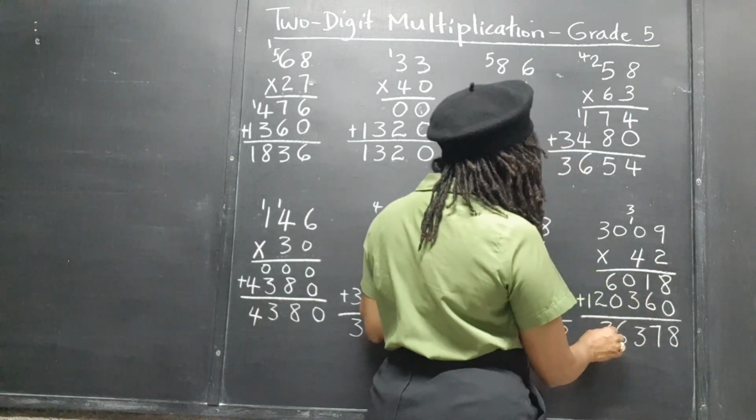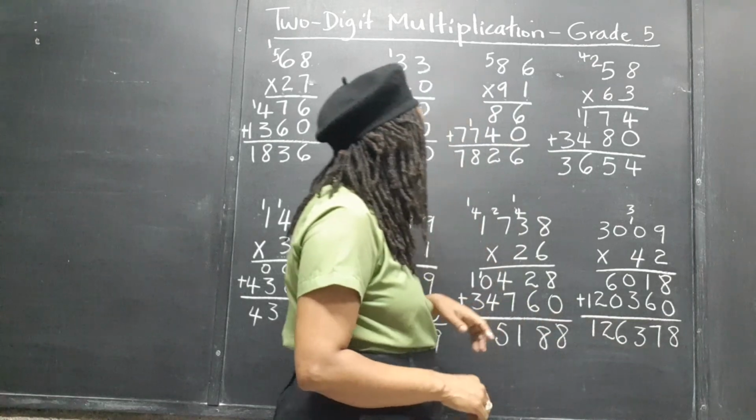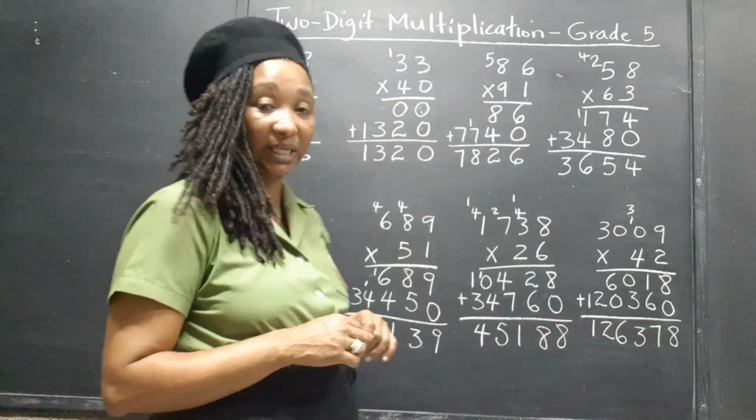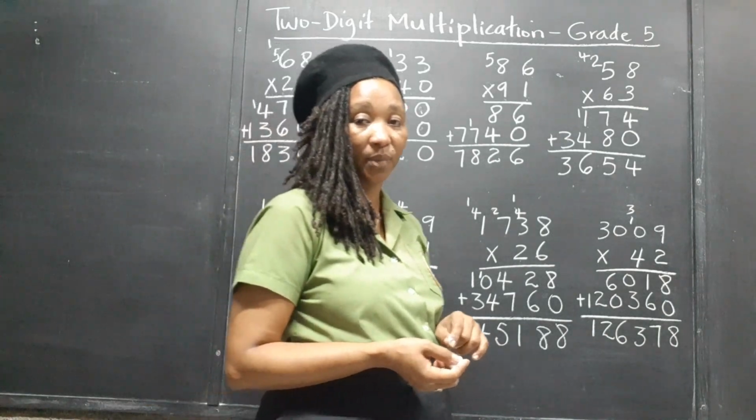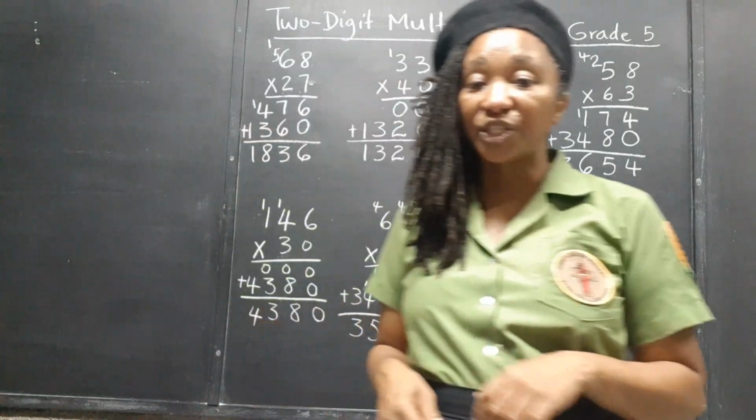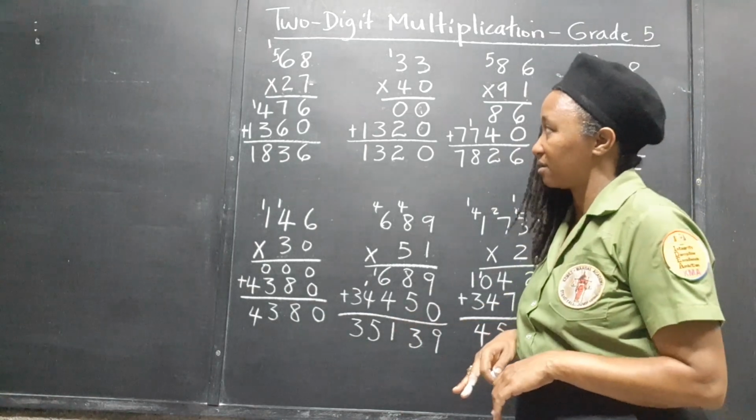And we have nothing to add to the 12. So that's 126,378.